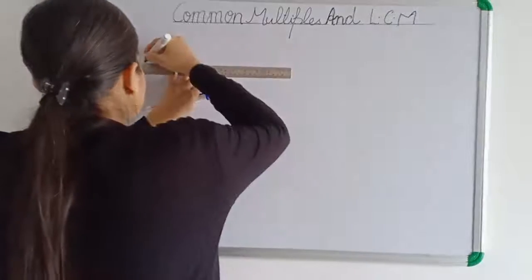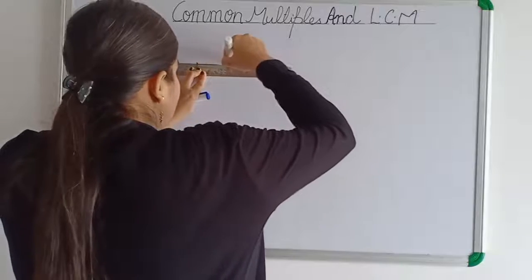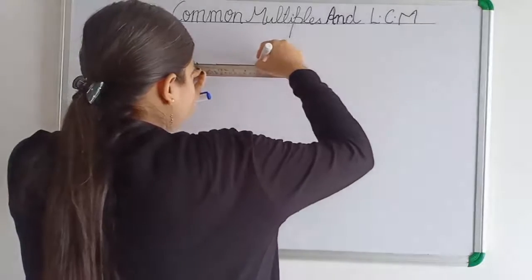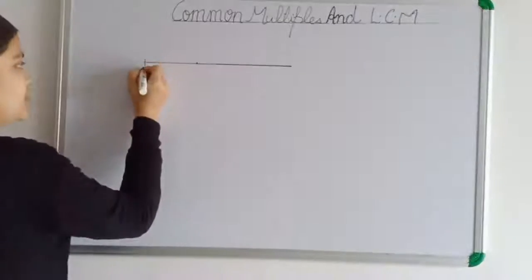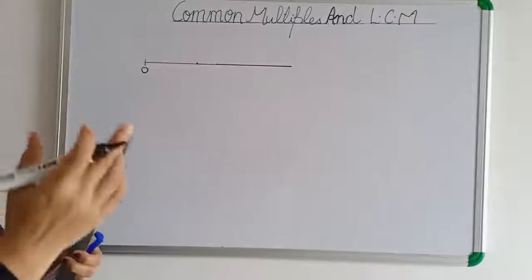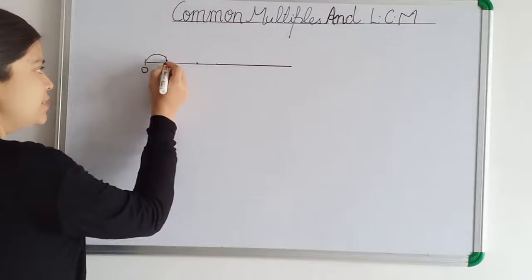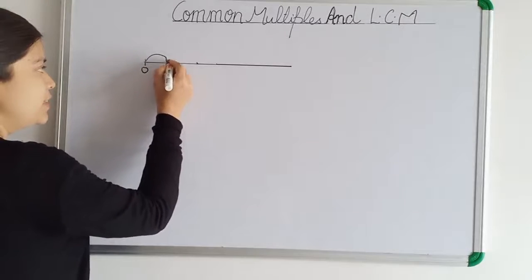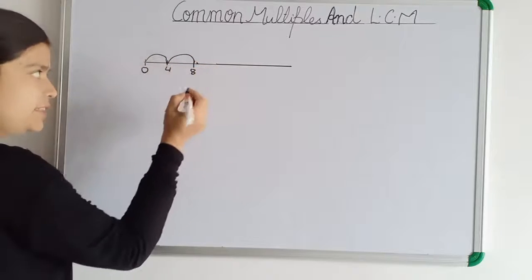We can show this on a number line. I will mark the time when you say yes. Now the game starts. After 4 seconds you say yes, which means we are jumping to 4. Then again after 4 seconds, that is 8 seconds.